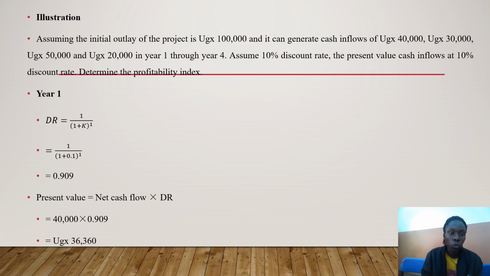For year 1, we shall only demonstrate year 1, then the same procedure continues for the rest. Each year has a different discount factor, but here we are rating all of them at 10%. Therefore, at year 1, it is to the power 1.